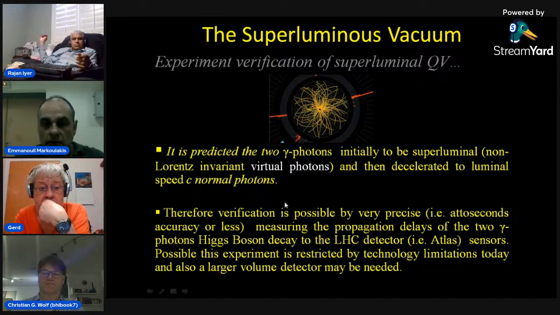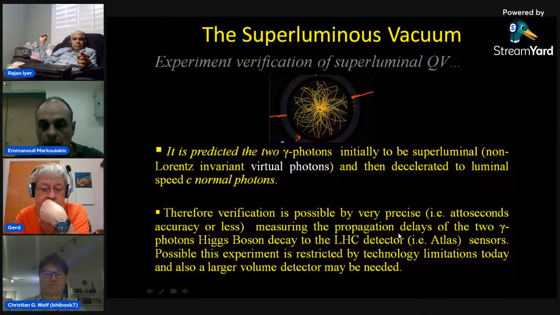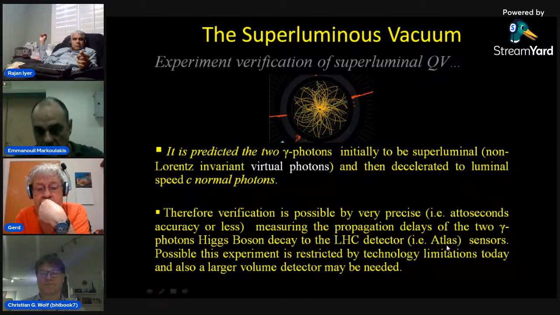Okay, so how can we use this now to our advantage to experimentally verify the superluminal vacuum? The verification is possible by very precise attosecond accuracy or less, measuring the propagation delays of the two gamma photons from the Higgs boson decay to the LHC detector, ATLAS for example, sensors.